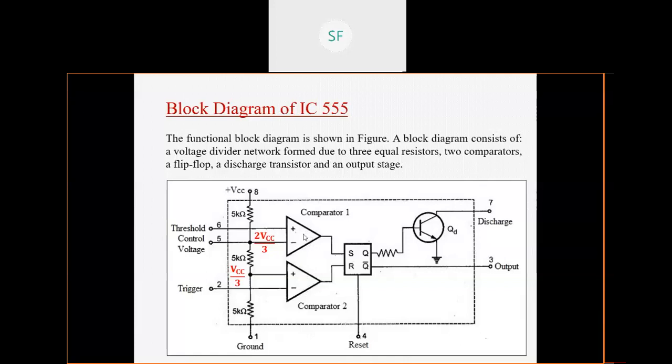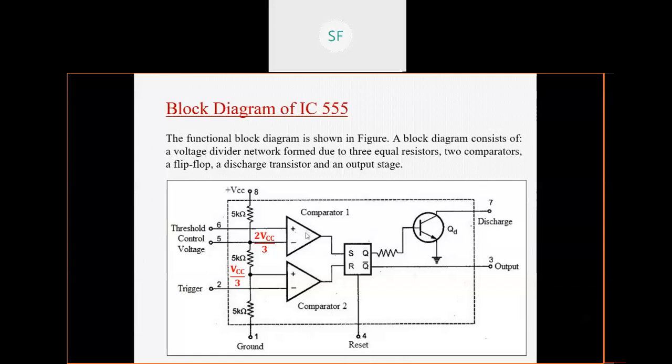It is used in open loop configuration, right? We have already seen the op-amp as a comparator in unit number 2. It was our last topic. So now this is comparator 1, we will call it comparator 1, and this op-amp we will call comparator 2.